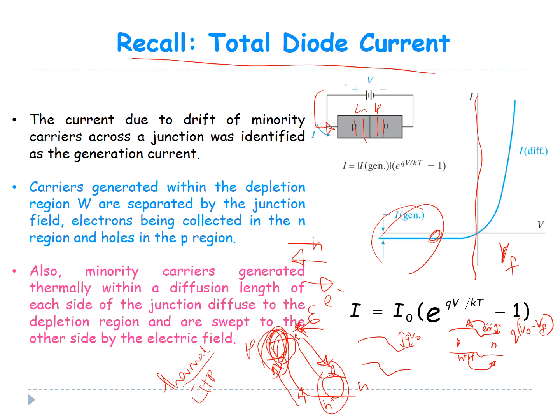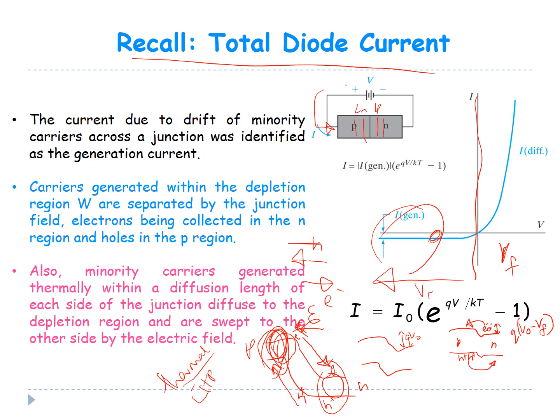carriers on either side. And as you can see, if you increase the reverse bias, there is no change in the current. That's understandable, because the size of this current is not dependent on how fast these carriers are going to be swept by the electric field, but rather by how many of them are going to be swept by the electric field.